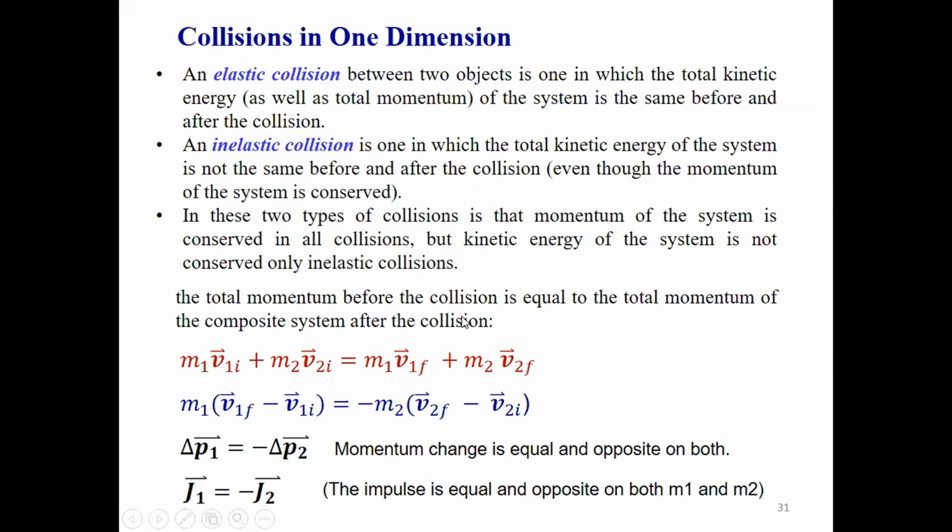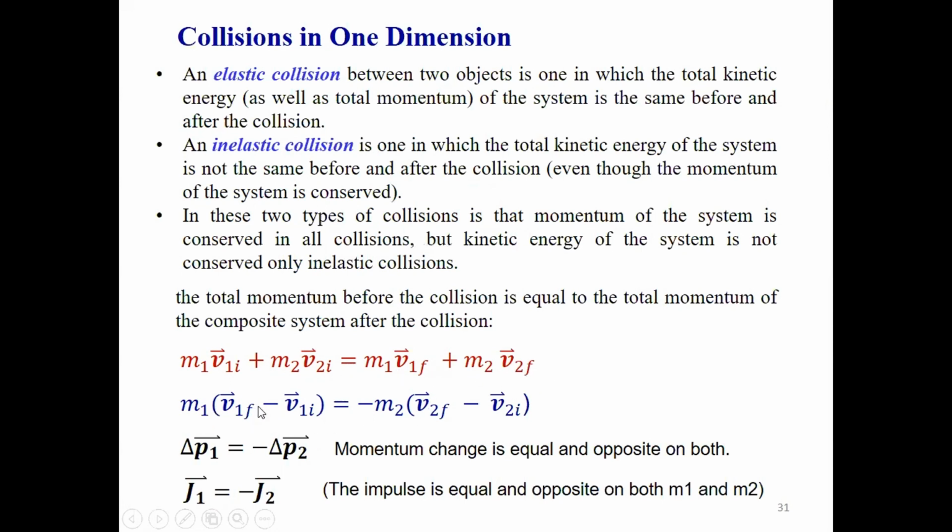The total momentum before and after is equal to the total momentum of the composite system. So we can write it in this form: m1v1 plus m2v2 initially, and m1v1 final plus m2v2 final. They are the same.